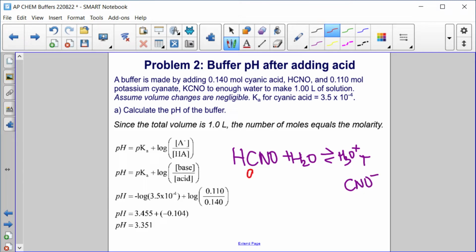So this is our acid, this is our base. So for the acid, we have 0.140, and the base is 0.110. All right, so then just finishing this computation, we get a pH equal to 3.351.